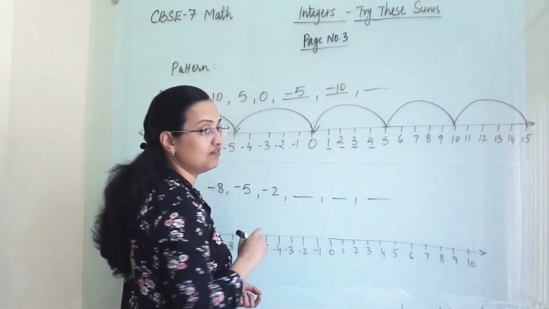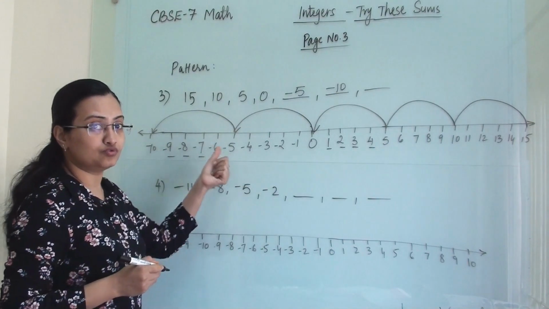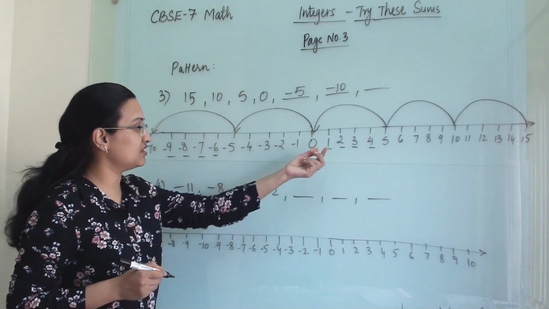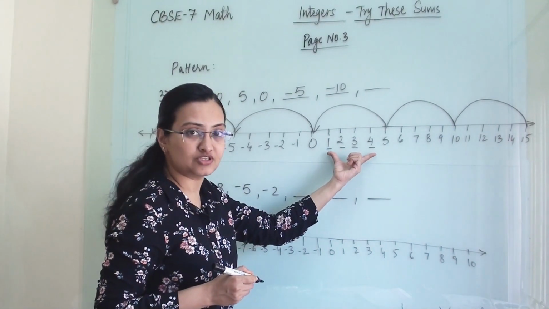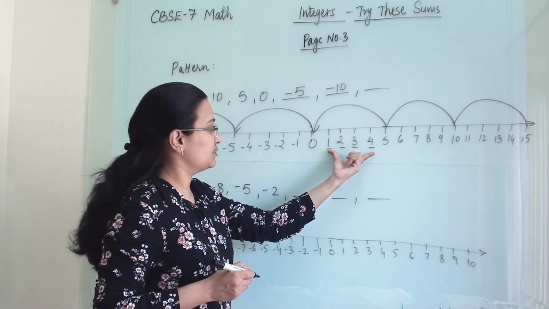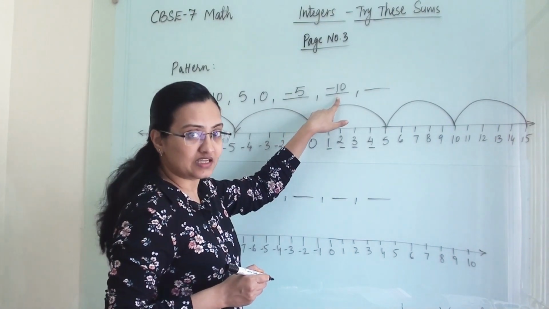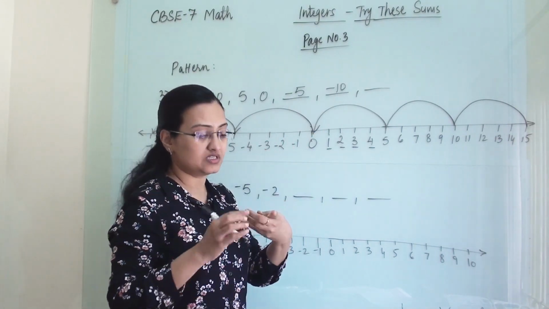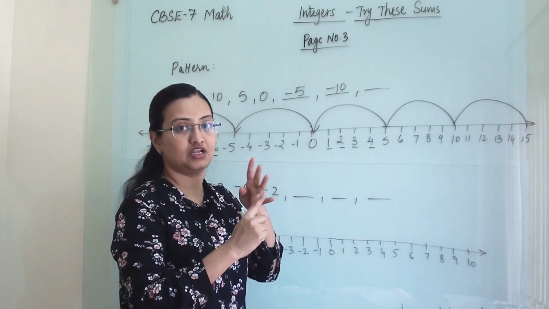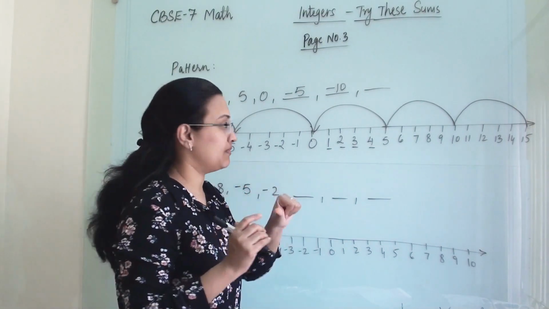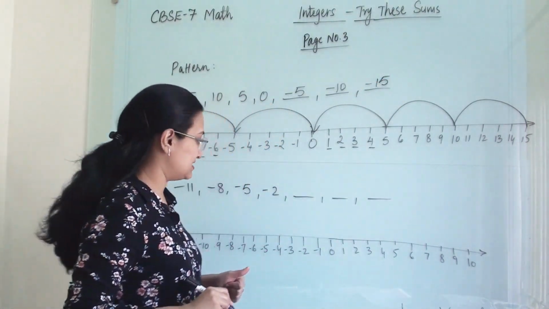So this is our next number. We have to identify two numbers, the number we were on earlier and the number we got, and how many numbers we are skipping in between: 4. That is how we write the pattern. After minus 10 we skip 4 numbers, minus 11, minus 12, minus 13, minus 14, and then we write minus 15.